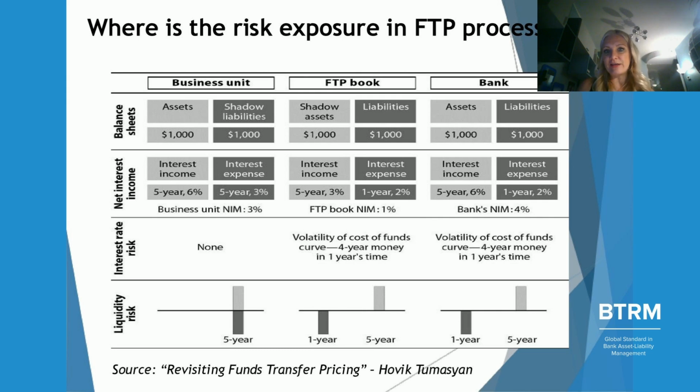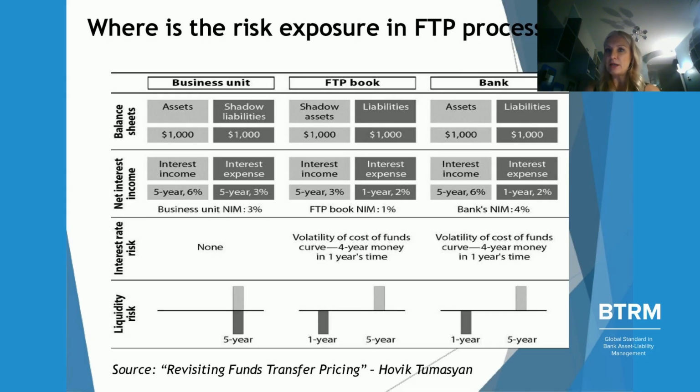We have the 5-year asset, which is earning the bank 6%, and this is funded by a 1-year liability costing 2%. Clear maturity transformation, clear rate transformation.